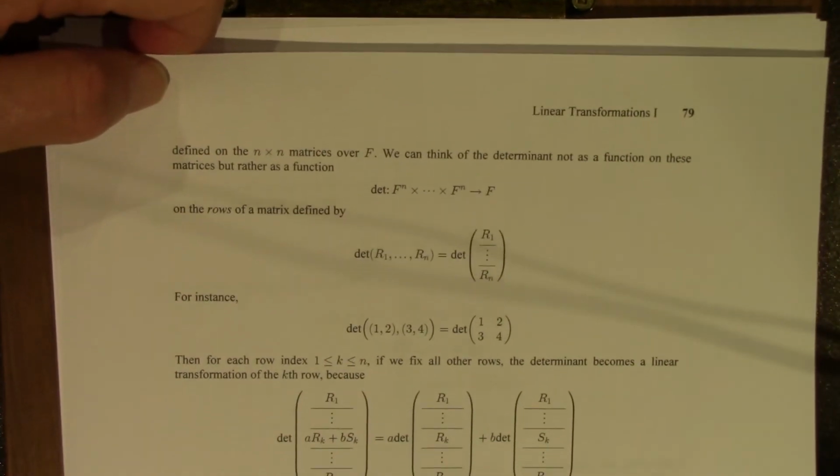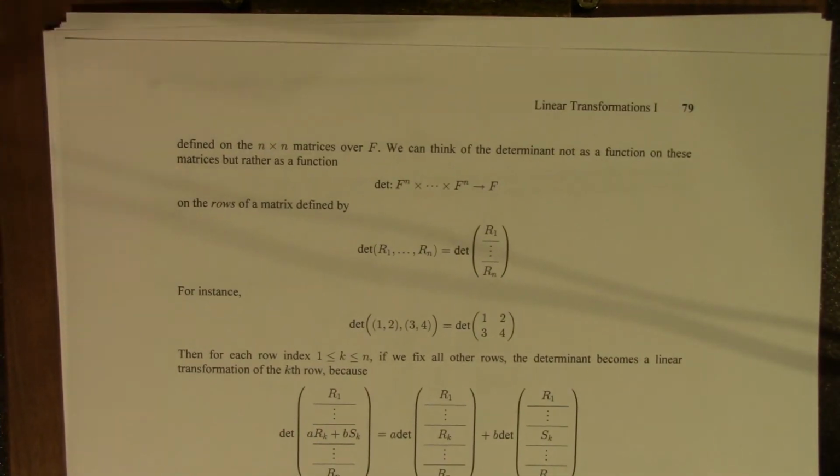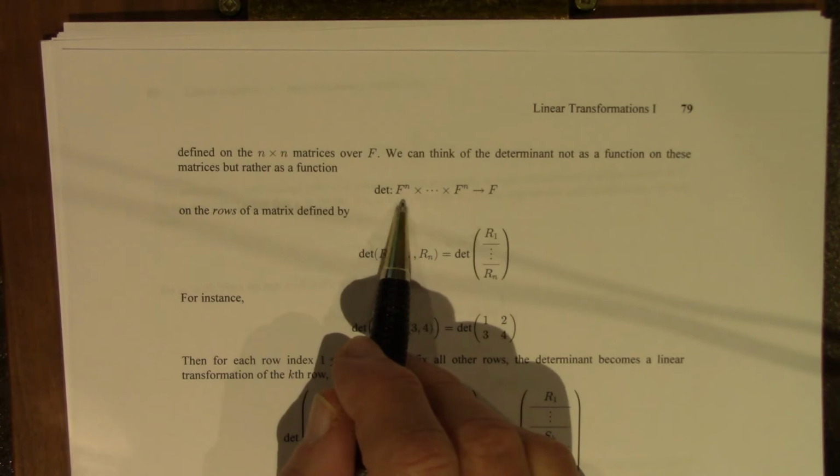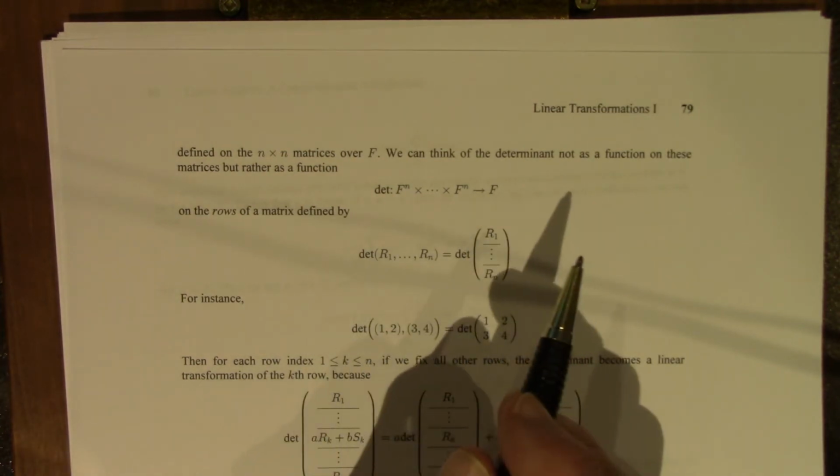But we can also think of this map not as a function on n by n matrices, but rather as a function written this way on the rows of the matrix in question.